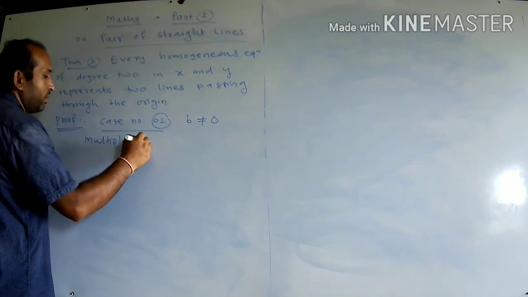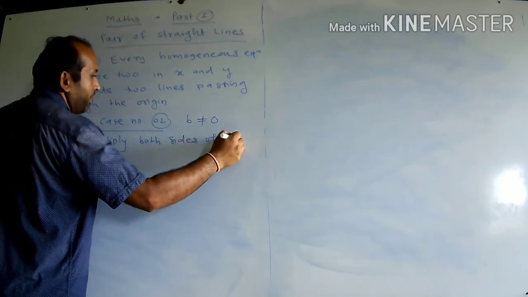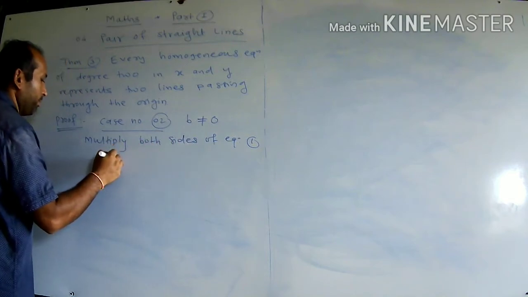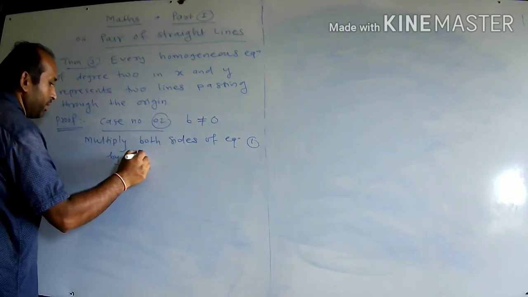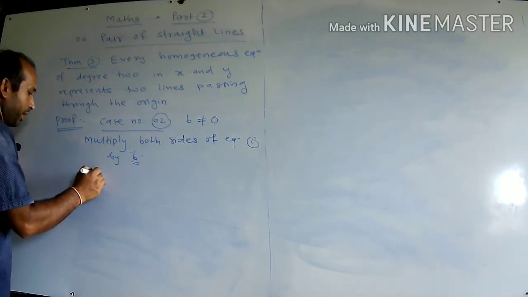So the next step is multiply both sides of equation 1 by b. Multiply both sides of equation 1 by b.